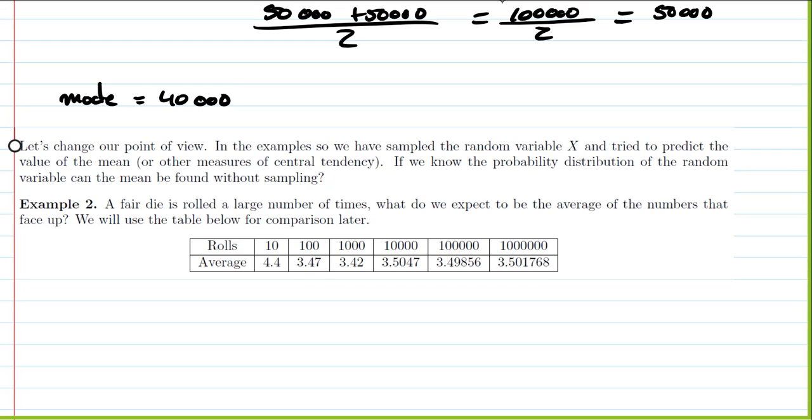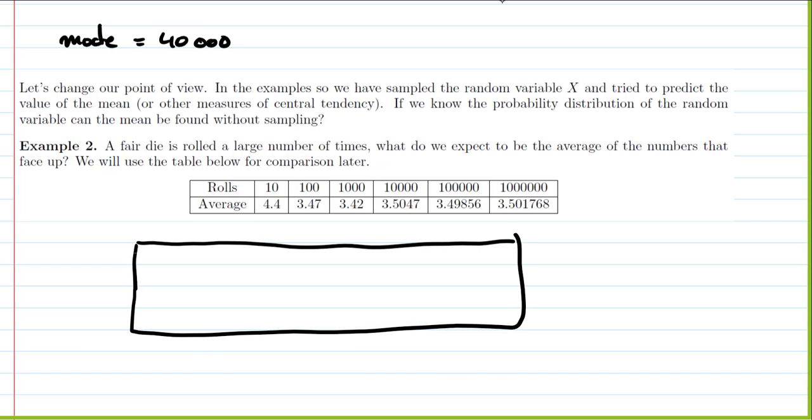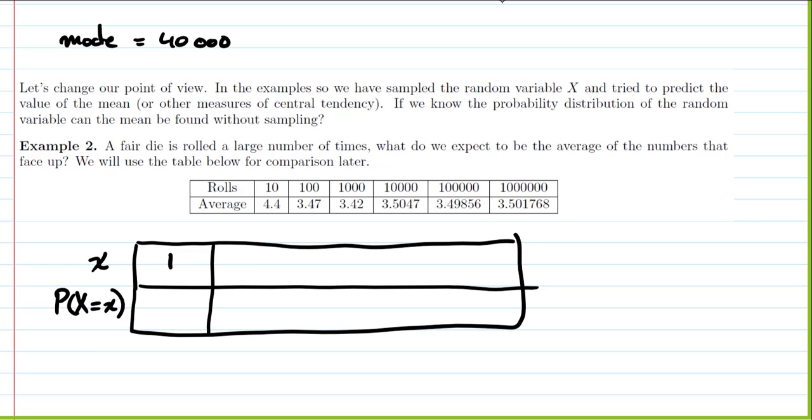So our goal then is, if we know the probability distribution, which we do for this, so if we make our probability table for rolling a die, we have x, and then the probability that x equals x. Our outcomes are 1, 2, 3, 4, 5, 6. If we have a fair die, what's the probability that we get any given number?